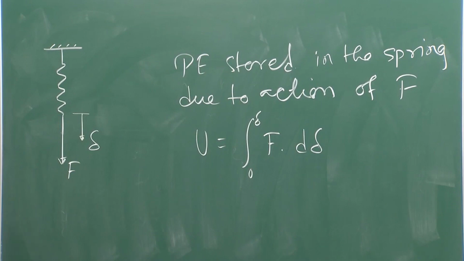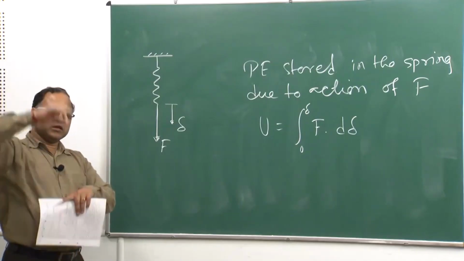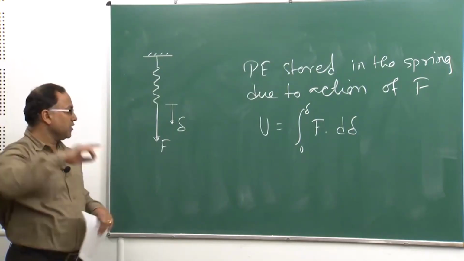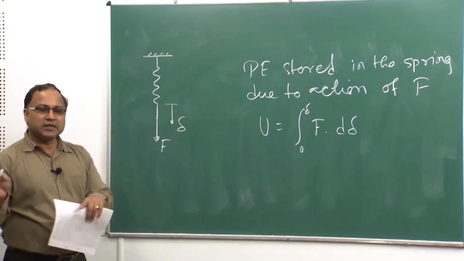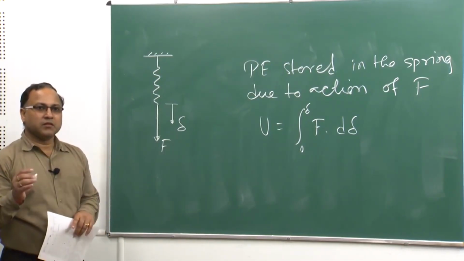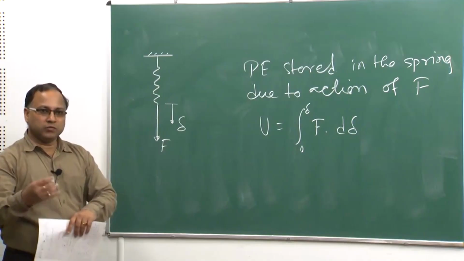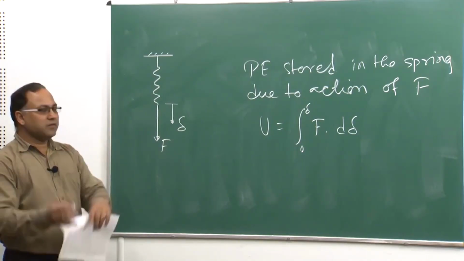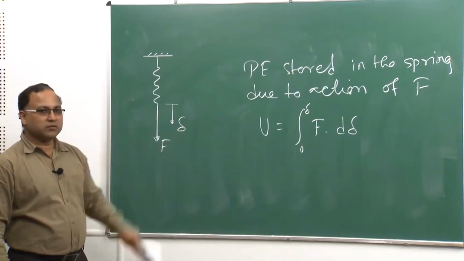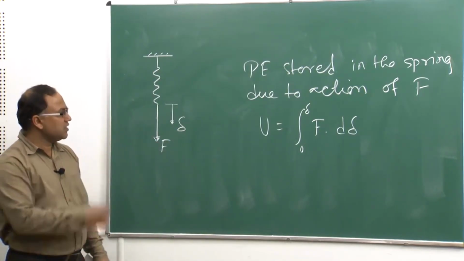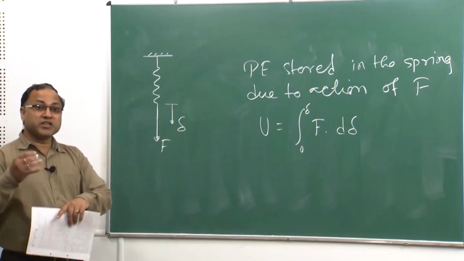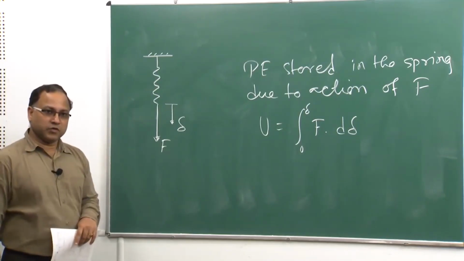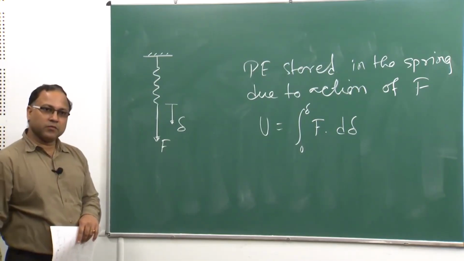That means you are giving the load, so incremental displacement is happening, and if you integrate over the whole range, 0 to delta, that F d delta is nothing but the incremental work done, and that is getting stored in each step. Finally, if you add them together by integration, you will get the total potential energy stored in the system due to the action of force F.